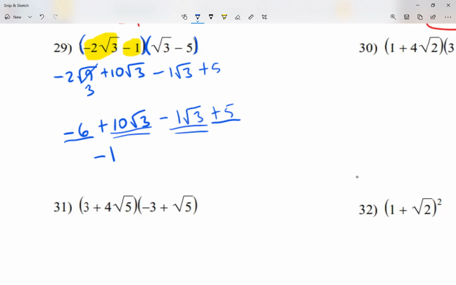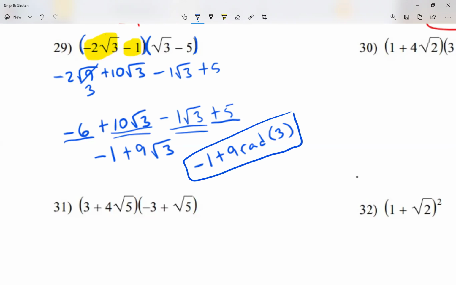I know 10 minus 1 is 9. So this is plus 9 radical 3. On paper, this is it. I'm done. For our homework, I'm going to write this as negative 1 plus 9 RAD for radical, open and close parentheses, and inside a 3. So negative 1 plus 9 radical 3.